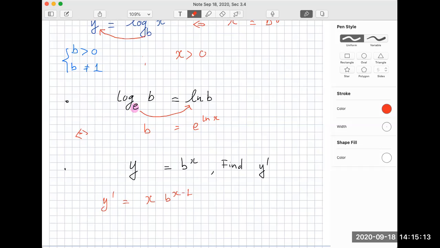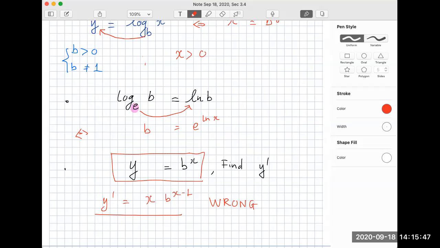It is not. Be careful, this is wrong. So we need to apply the chain rule to find this derivative. So we cannot simply compute it like the polynomial.